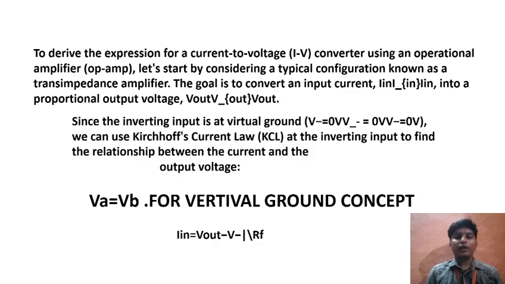The goal is to convert an input current IN into a proportional output voltage V out. We can derive the expression: IN is directly proportional to V naught. Since the inverting input is at virtual ground, V plus is equal to V minus is equal to 0.